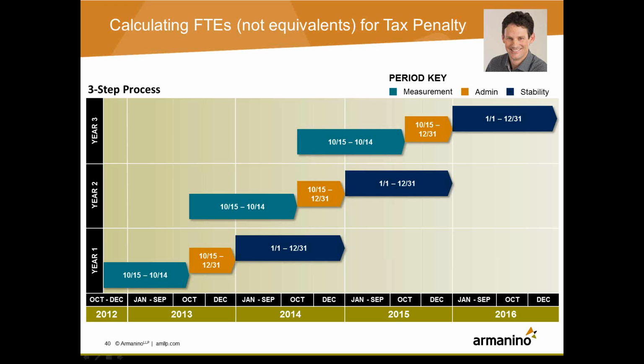So you get to mark them in the measurement period, and you know that during the stability period, they're full-time or part-time. Now, since this is a rolling test, if they change their hours during that stability period, then during the next measurement period, they'd be counted again differently, and then in the future, they'd change either full-time or part-time.